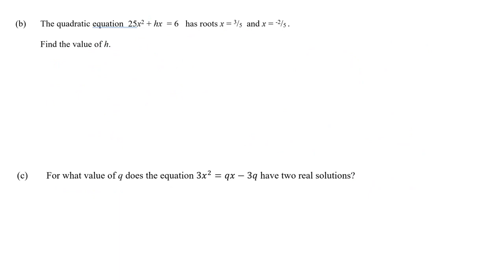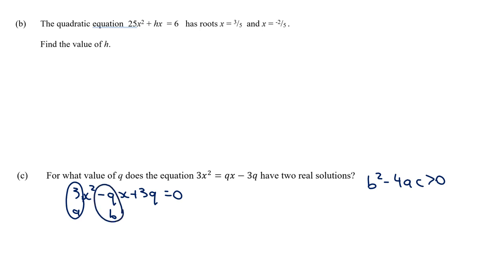So remember we said discriminant. So we're looking at that part there being greater than 0. We've got that 3x squared minus qx plus 3q equaling 0. So there's our A, there's our B, and there's our C. You guys happy with that? So now what we need to do now is go B squared.